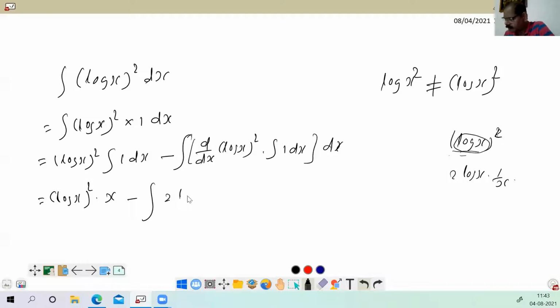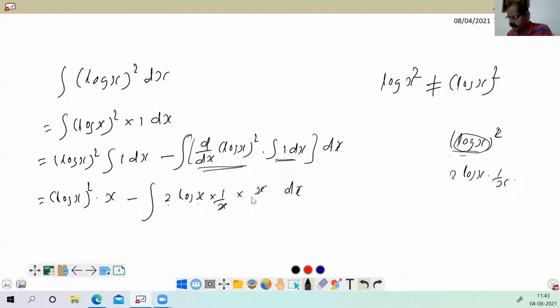So we get 2 log x into 1 by x into integral 1 dx, which is again x, dx. So this x cancels with this x.